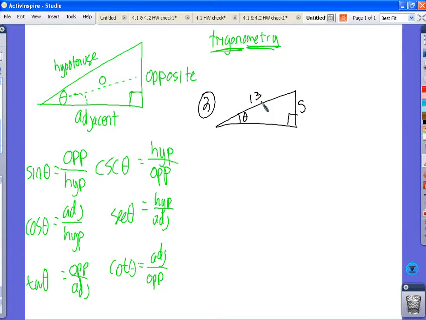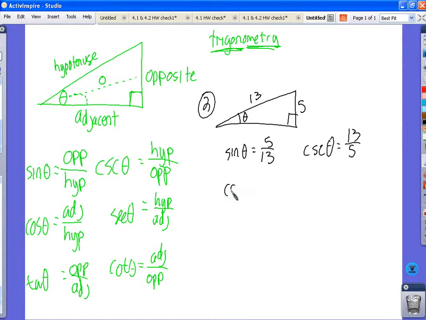And so you could tell me 2 trig ratios right off the bat, without even that third side. Sine, opposite and hypotenuse. Cosecant, hypotenuse and opposite. The sine of this angle is the opposite over the hypotenuse, 5 over 13. The cosecant is 13 over 5, the hypotenuse over the opposite.